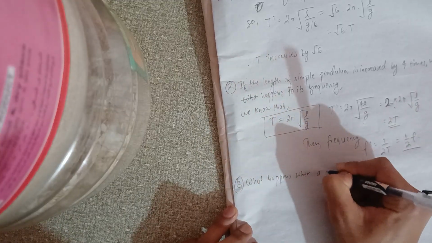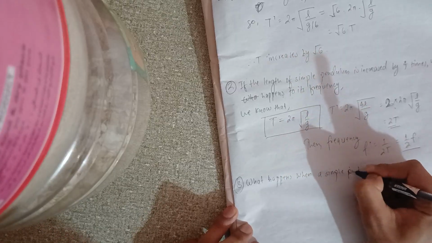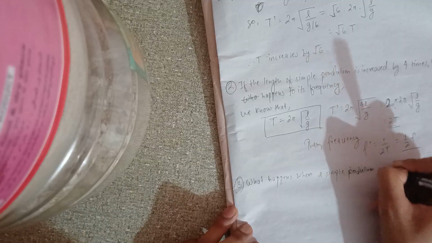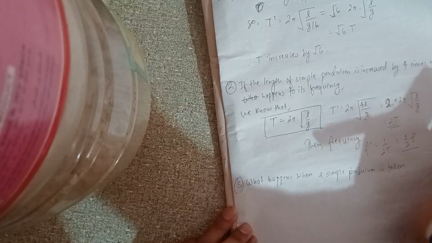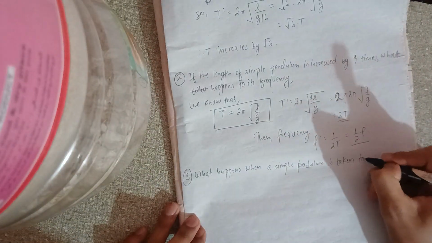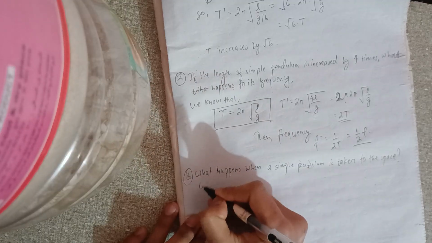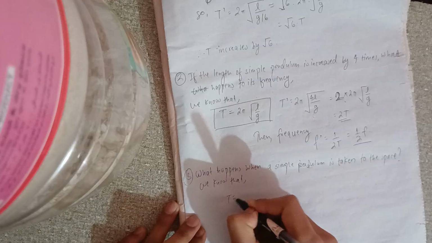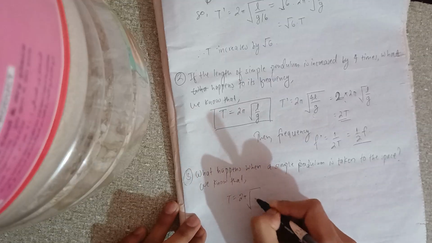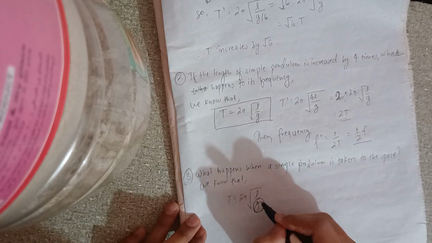a simple pendulum is taken to the space? And the answer is, we know that again, for the pendulum, time period is 2 pi under root L by g, and if it is taken to space, the g is 0.